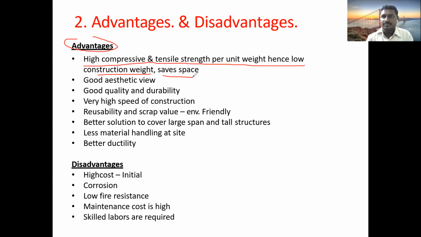Have you seen the steel members, angle section, channel section, I section? The compressive and tensile strength of steel sections is very high per unit weight.